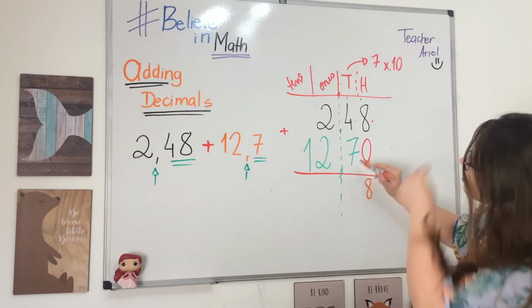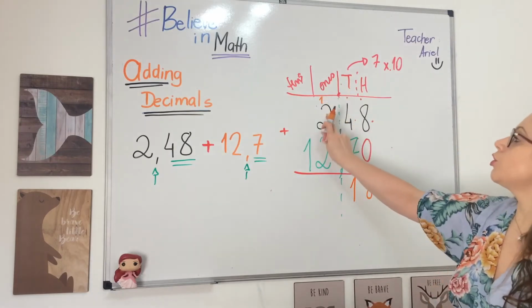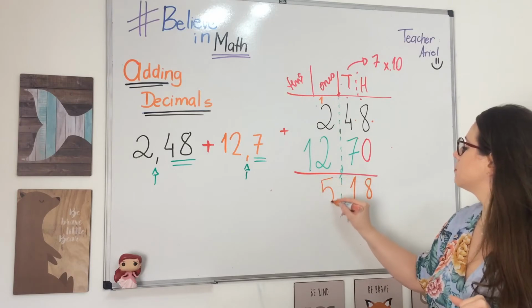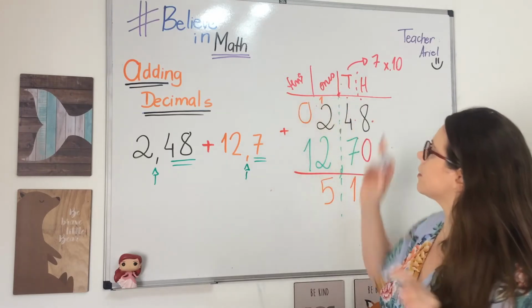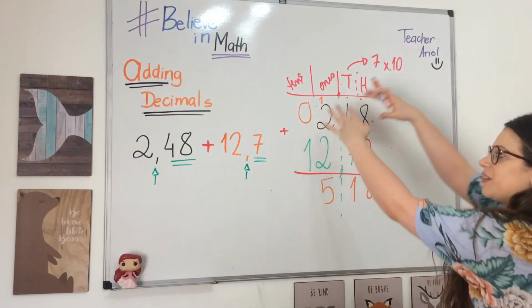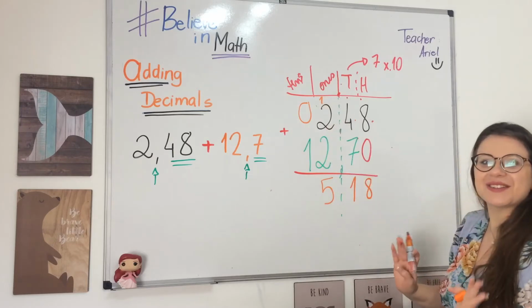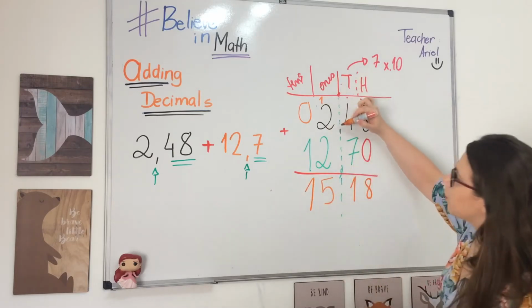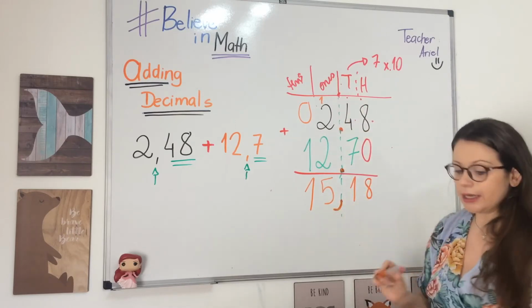So I can't write 11 here. I have to do this. 2 plus 1 plus 2, 5. And the same thing here. There is nothing here. No, you can put a 0 here. It's okay. If you like to fill in all your vertical methods, you can put the zeros there. It is okay. And then the decimal point is here, here, so it is going to be here.